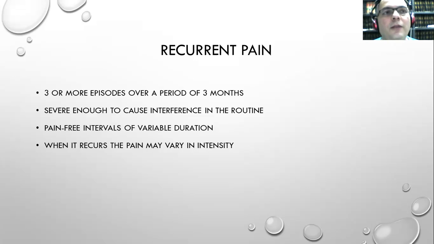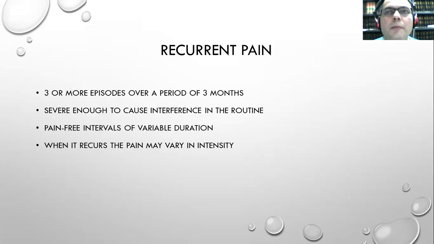The pain-free interval can be of variable duration, lasting from hours and days to weeks. And in this pain-free interval, the child will be totally normal, having totally normal behavior.